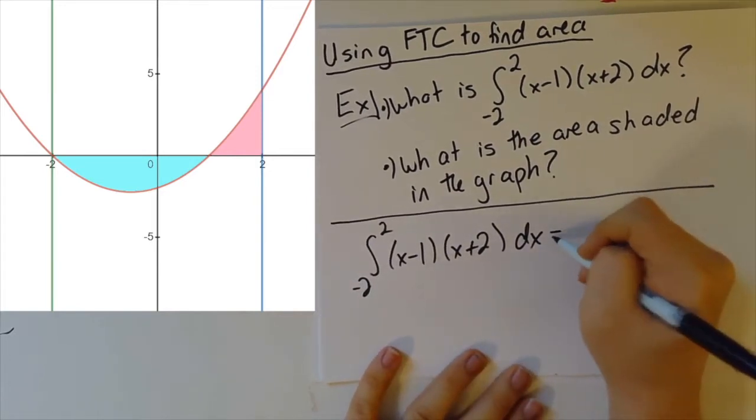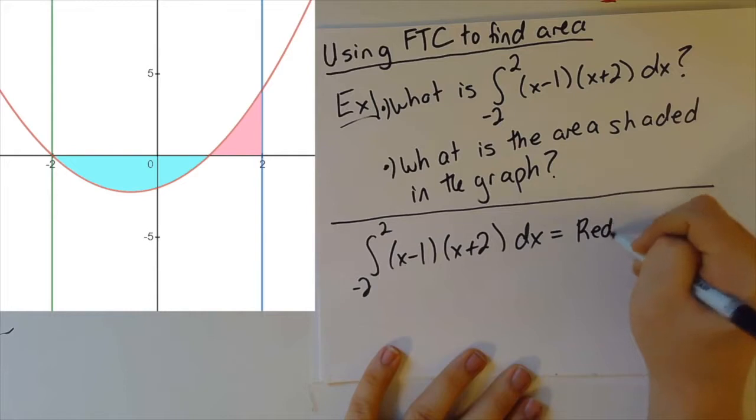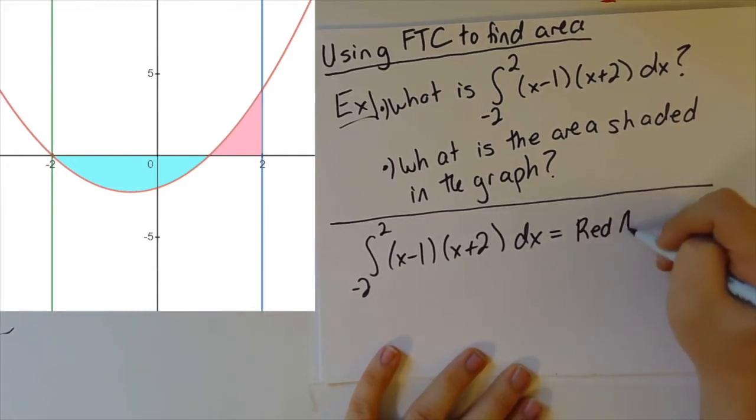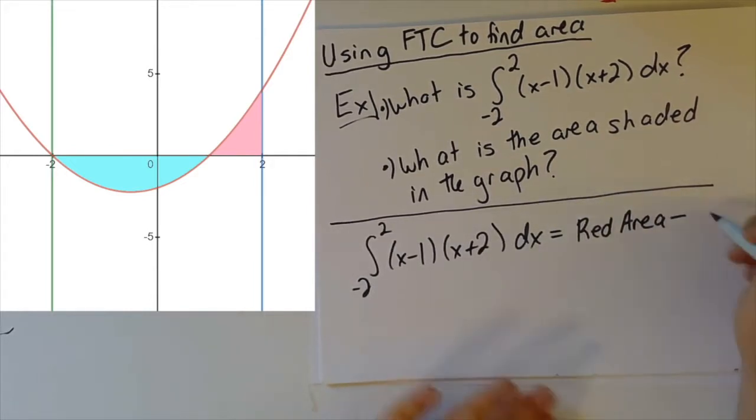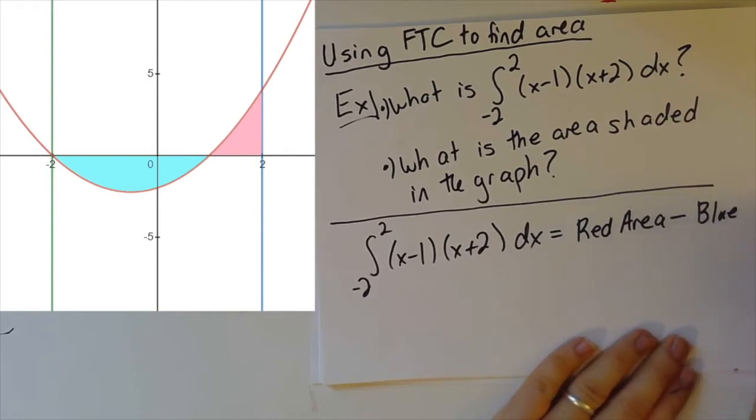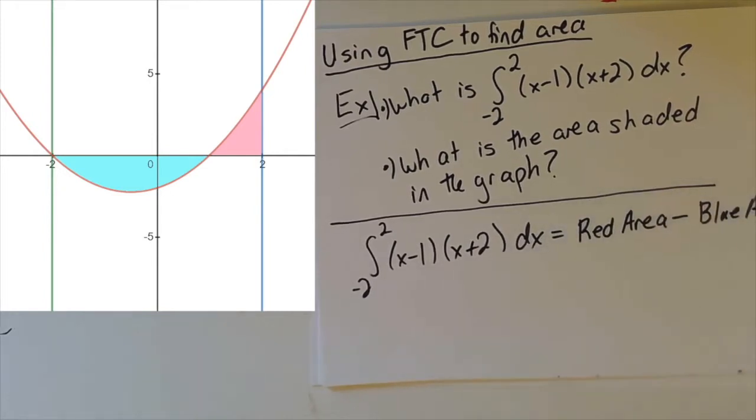It's going to be the red area, or the pink area if you like, minus the blue area. And that's because definite integrals count area below the axis as negative and area above the axis as positive.